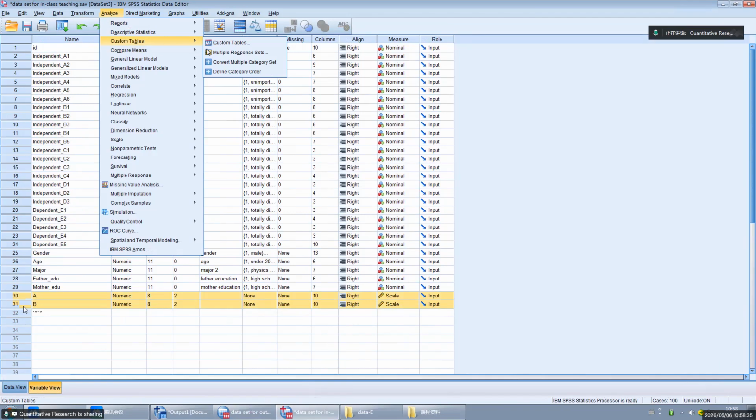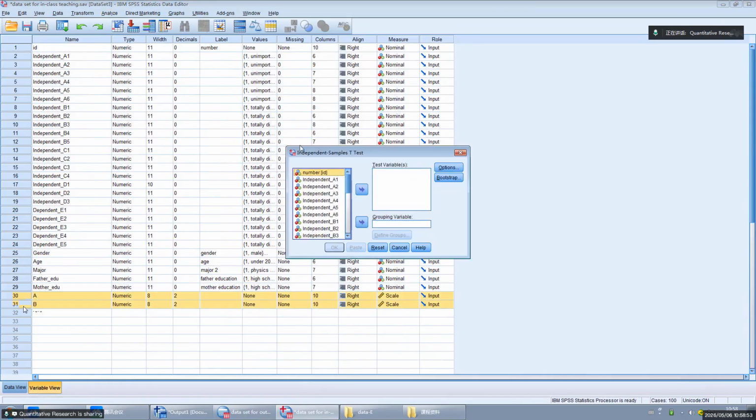So compare means, and then we go to Independent-Samples T Test. You open it.